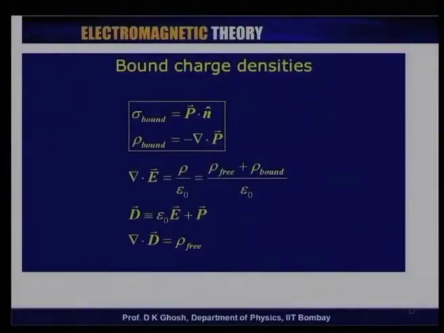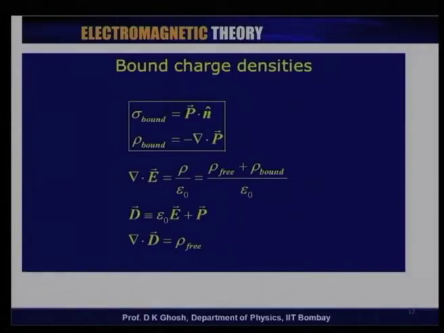Now, what one does is to define a vector D given by epsilon 0 vector E plus P, and this is called the displacement vector. You notice that if you rearrange this, del dot of D becomes equal to rho free.